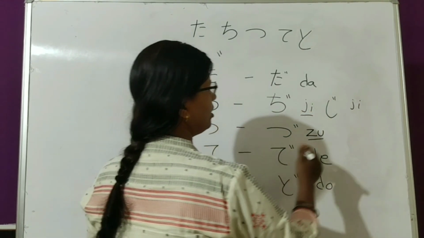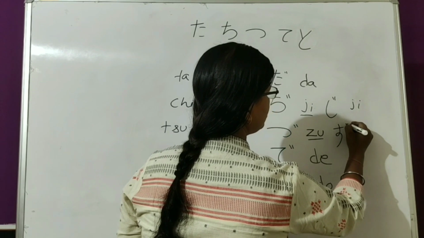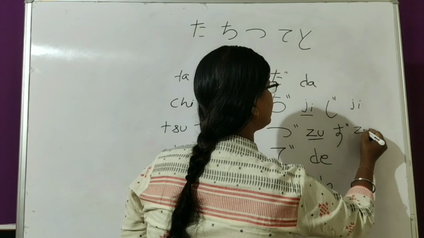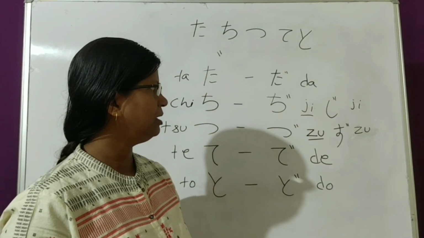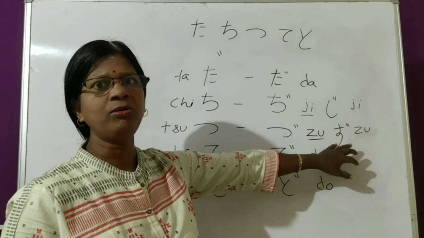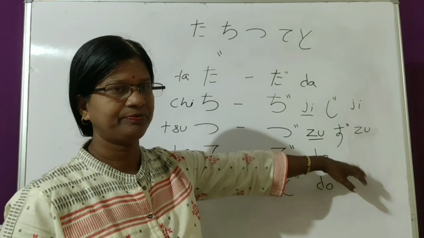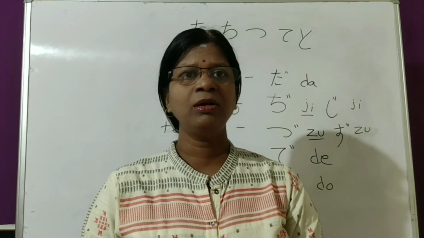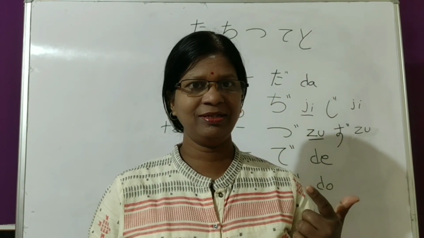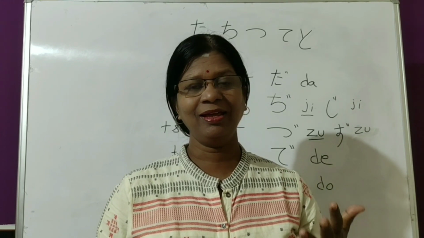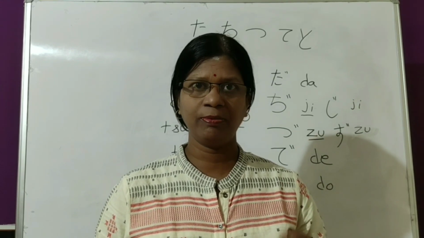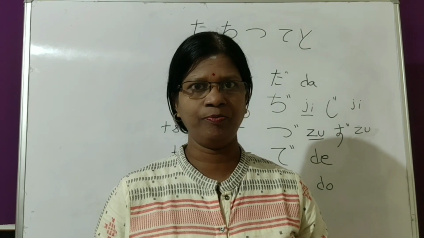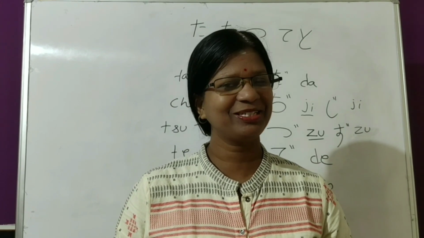And when we have a voice mark after si, the pronunciation is also ji. Later we will discuss details about this. Okay. So, in today's class we learned ta, chi, tsu, te, to, and with voice mark we learned da, ji, zu, de, do.